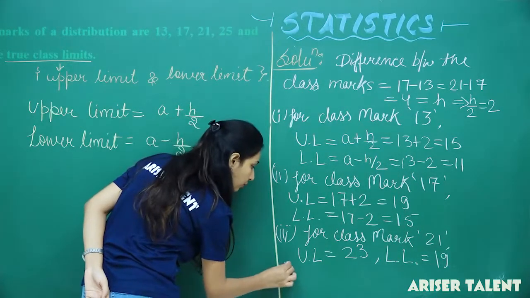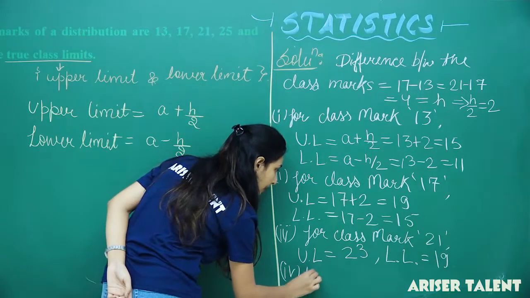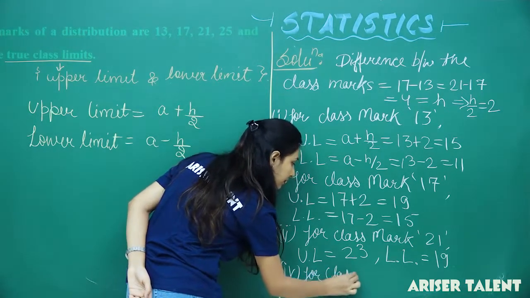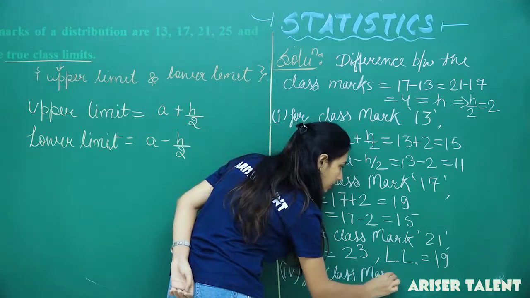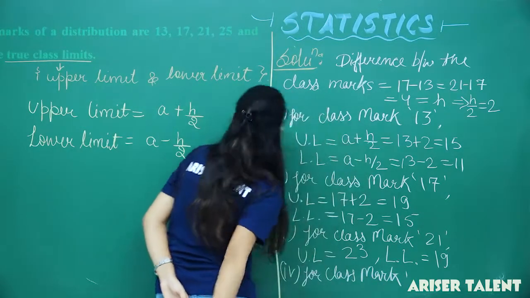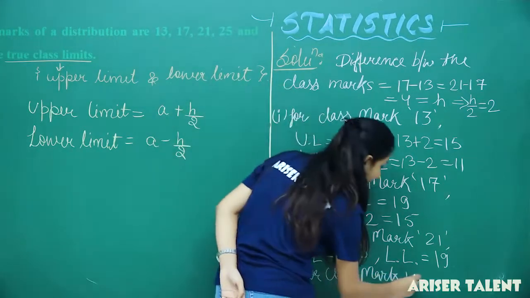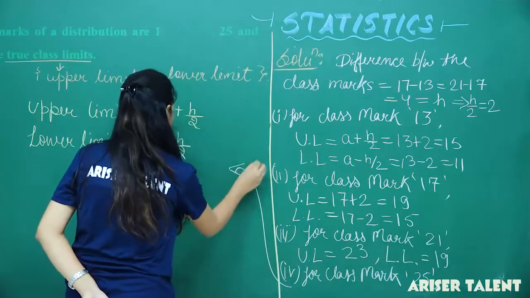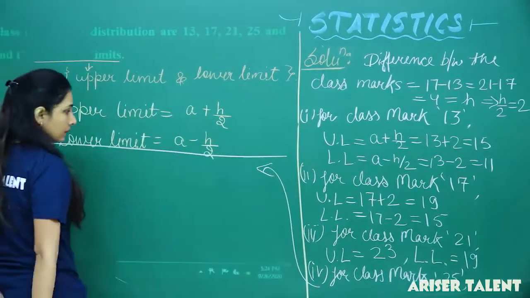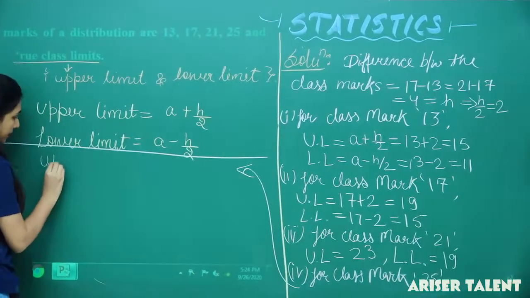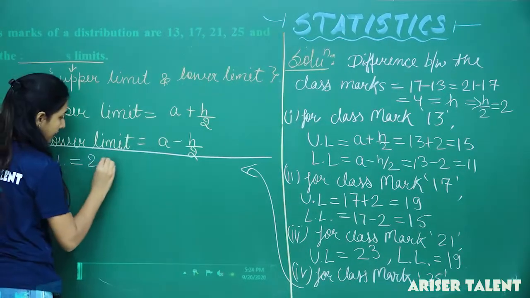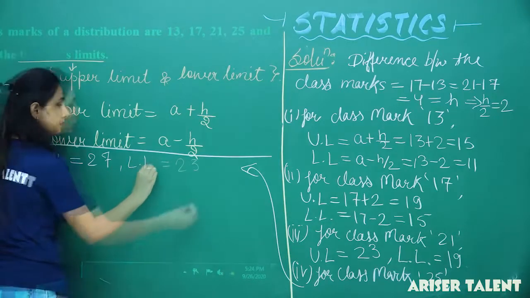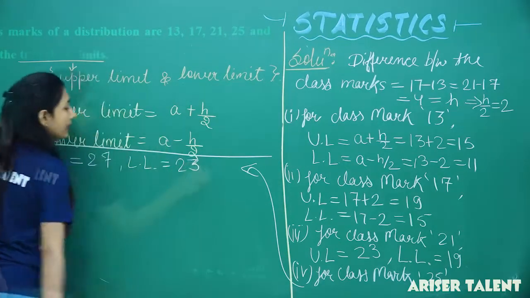And if I go with the fourth one, for class mark 25, the upper limit will be 27, lower limit is 23.